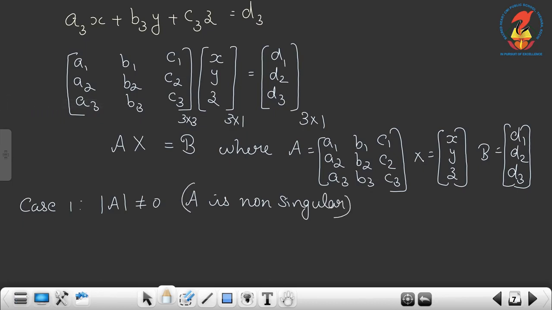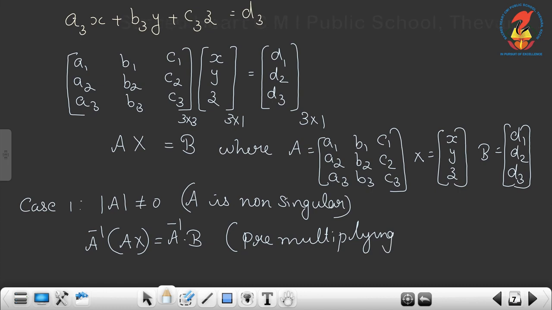If A is non-singular, we multiply this equation AX is equal to B, pre-multiplying by A inverse. So when we multiply A inverse A into X, three matrices are there, we can combine A inverse into A by the associative property of matrices.